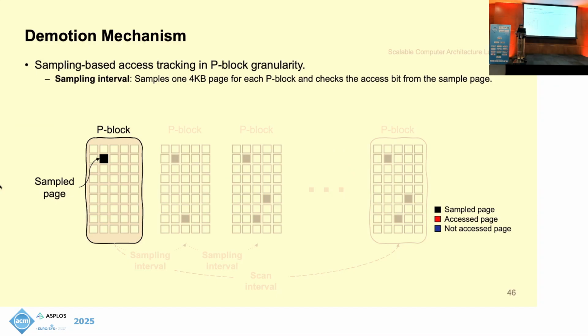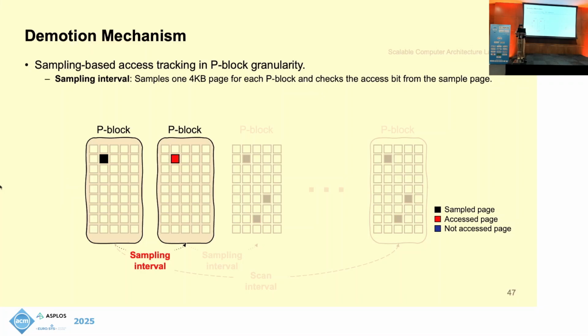PET adopts a sampling-based access tracking method in P block granularity. For each sampling interval, PET randomly samples one page per P block and clears the sample page's page table entry access bit. If access to the sample page occurs, the access bit is set. After a sampling interval has passed, PET checks whether the access bit was set during the previous sampling interval and samples another page.